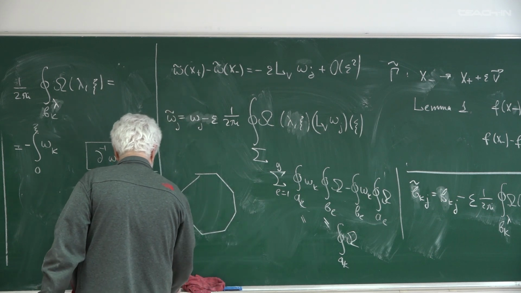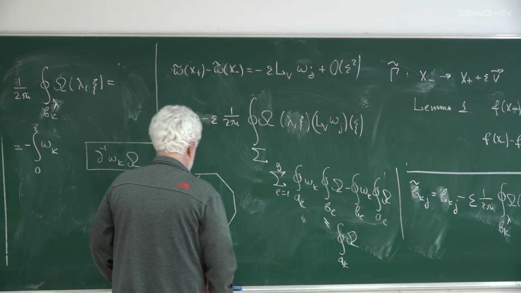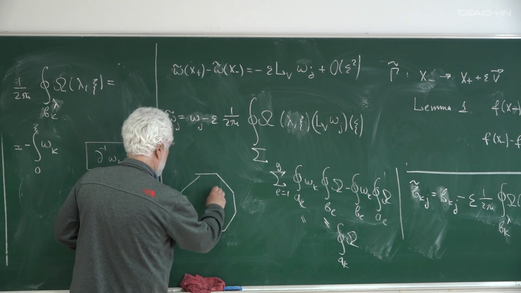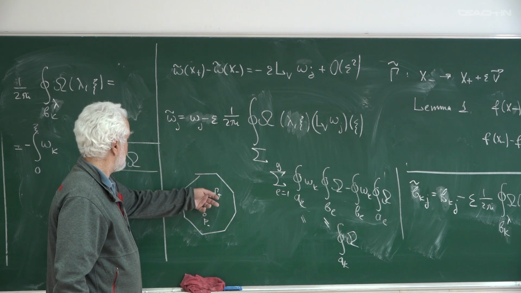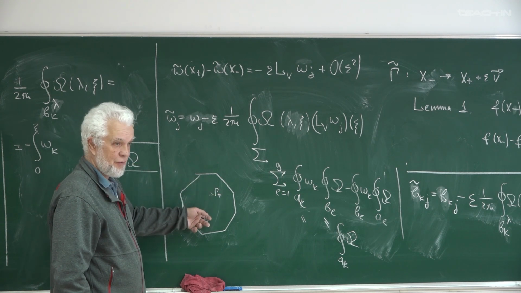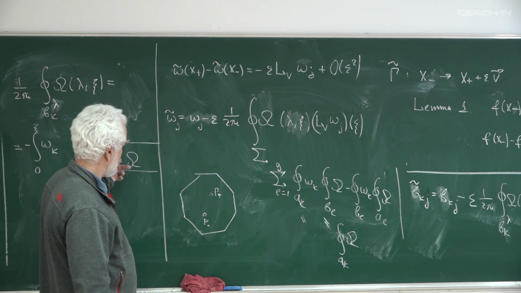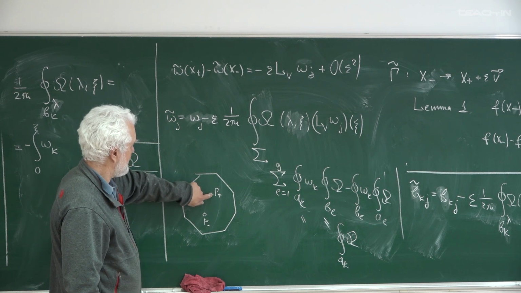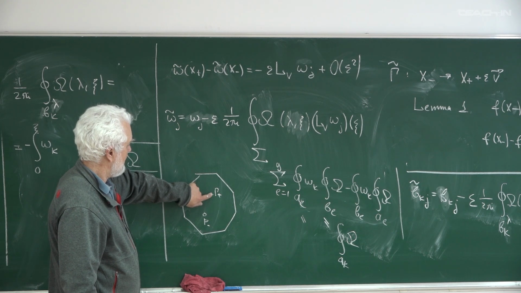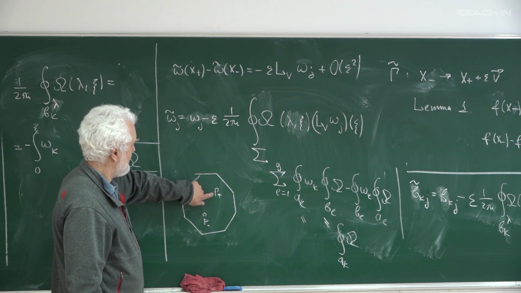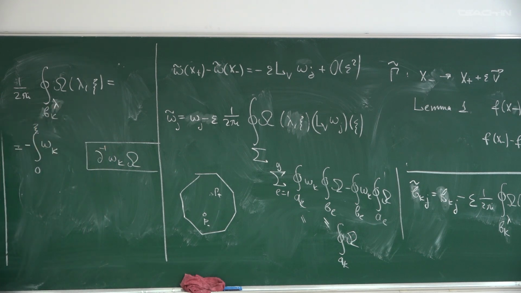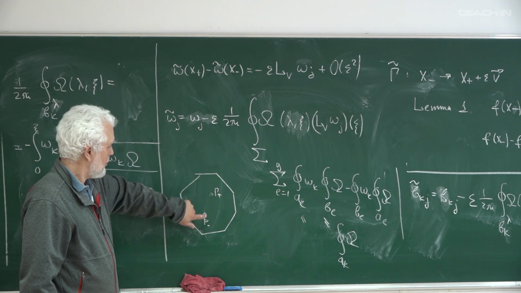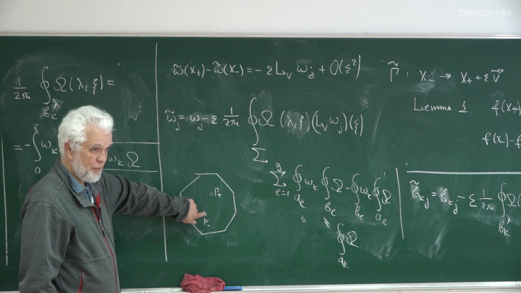From the other point of view, on the right-hand side, we have two points, p minus and p plus. The residue of omega capital is plus 1 here and minus 1 here. So this integral is 2 pi i times omega at this point minus 2 pi i times omega at this point, the primitive of omega.